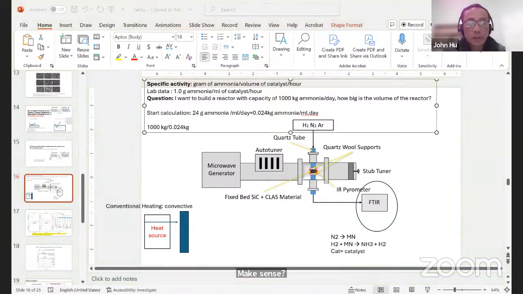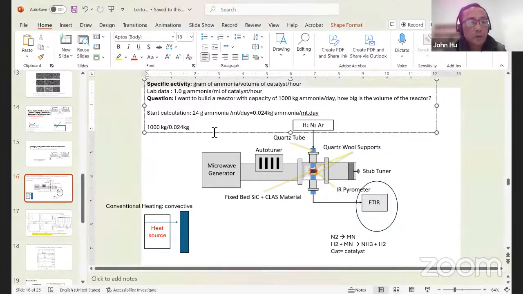So I'm going to calculate. Okay. Now. So it's divided.